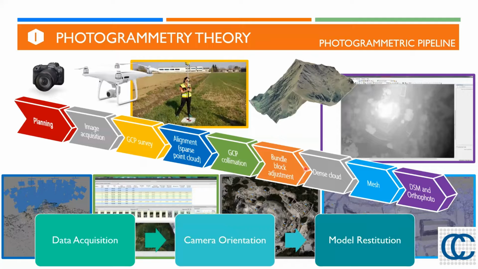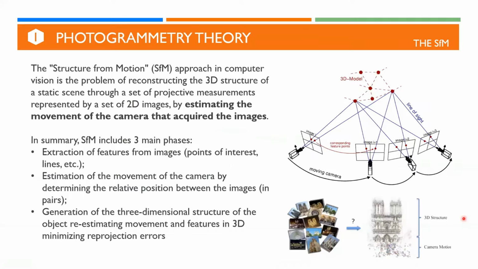Then you move on to the bundle block adjustment. You perform the GCP, the ground control point collimation. You create the dense cloud. So you are going through your absolute orientation. And then finally, what you export, you can post-process and work on it in CloudCompare or any other software.